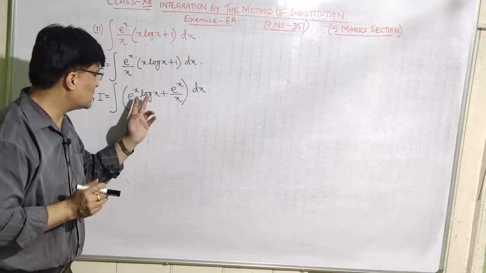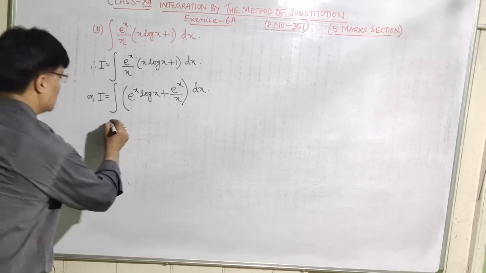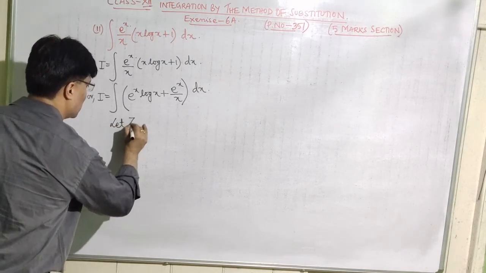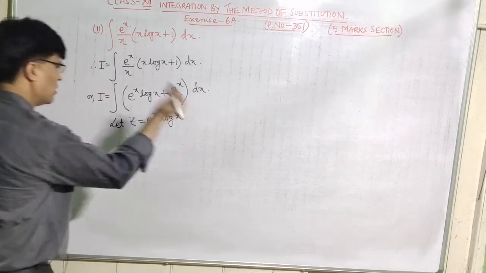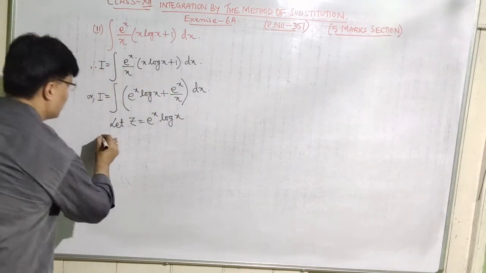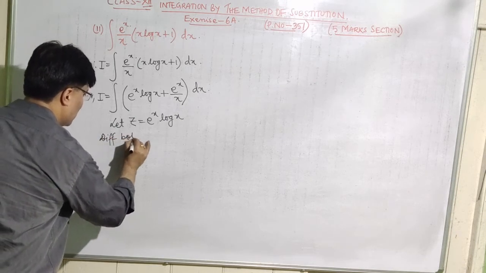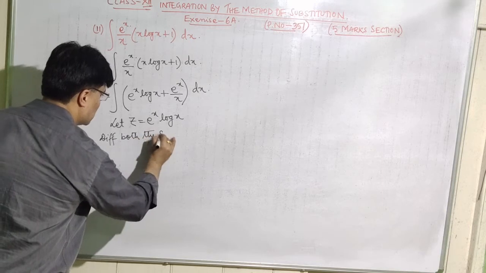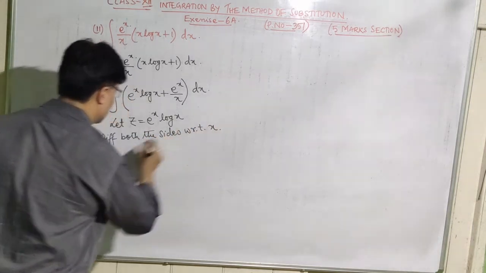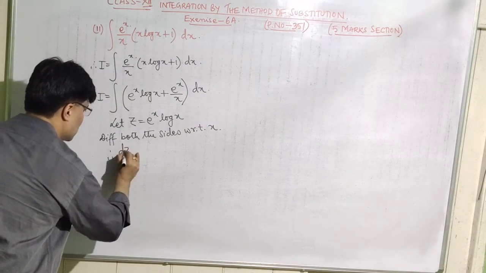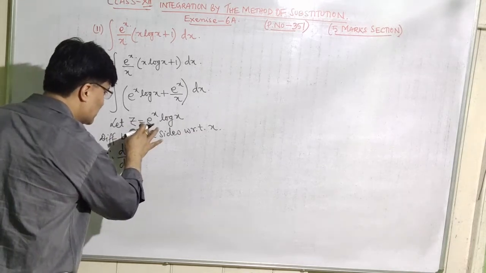So let us assume this first function, e to the power x log x, as z. So let z is equal to e to the power x log x. Now we can easily do it. Differentiating both sides with respect to x, dz by dx is equal to, now differentiate by the UV rule.